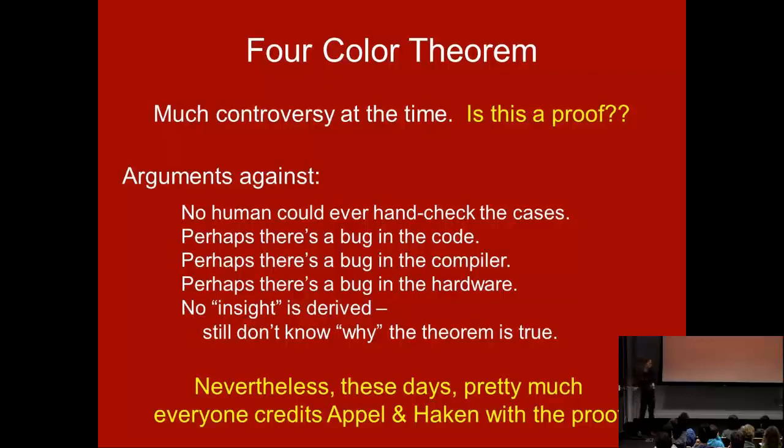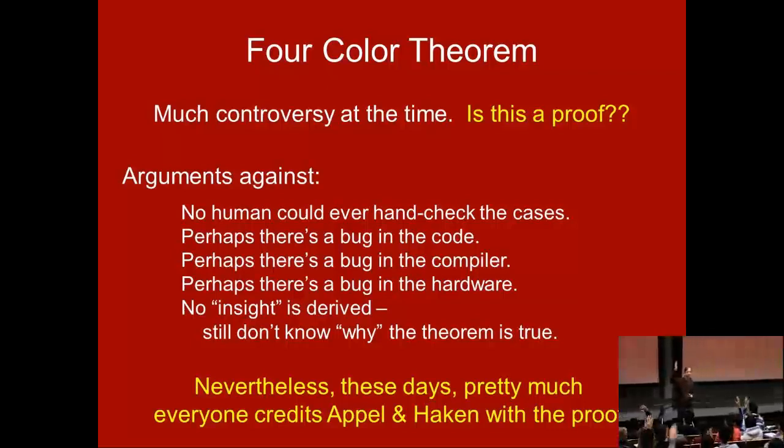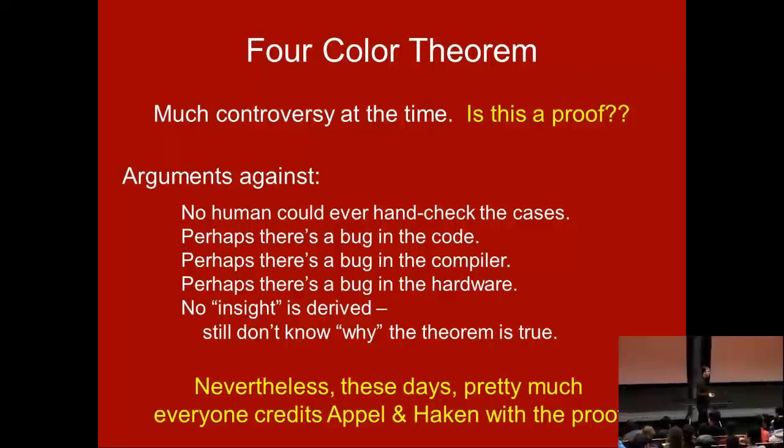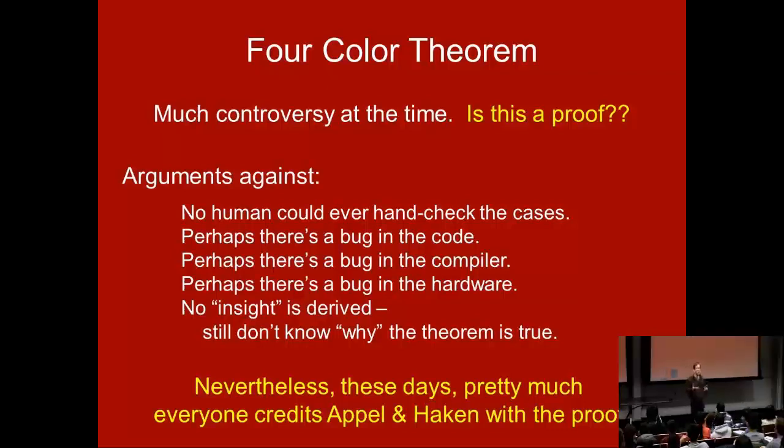So I want to ask you, what do you think? Is it a proof? Take a poll. Who thinks it's okay? Who thinks it's not okay? Oh, you're very one-sided. Okay, supposing you really don't think it's okay, what are some objections you could have to this?